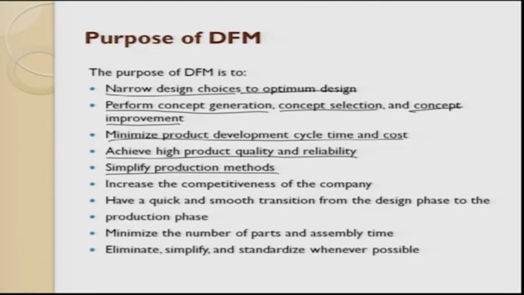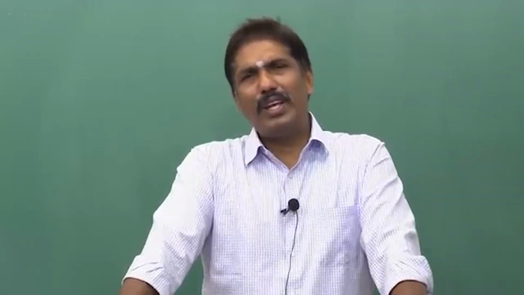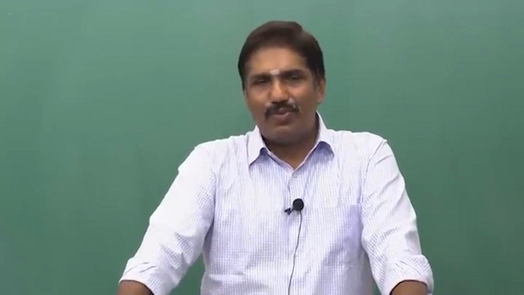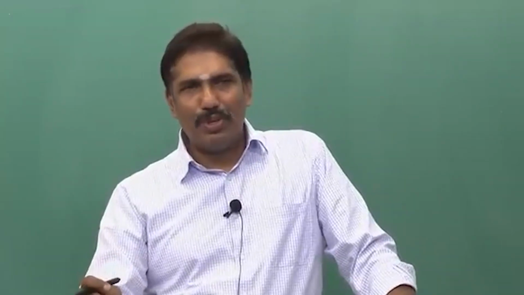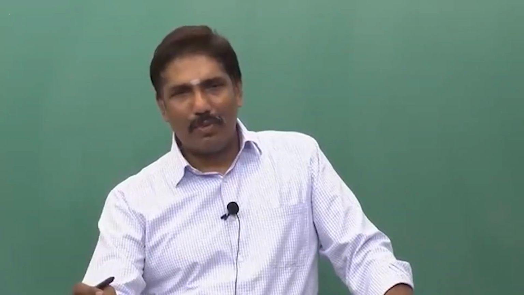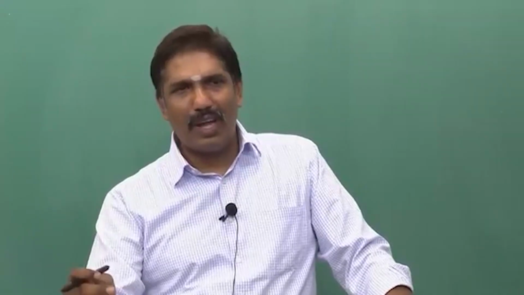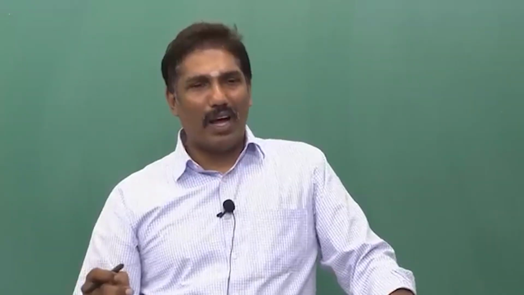Simplify the production method. I always enjoy giving the example of the food chain. In food chains like Pizza Corner and CCD, they have followed DFM in a very exhaustive manner. Since we go to those shops, we should look at how they manufacture and achieve the highest level of customer satisfaction.